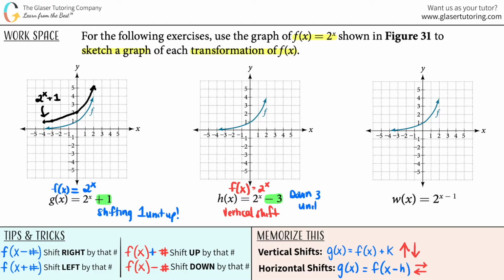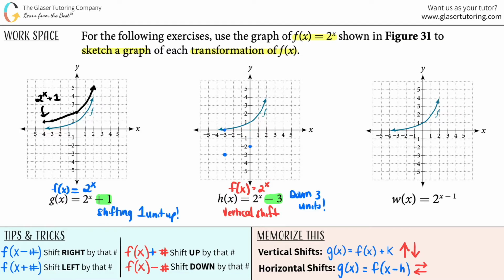3 units. So I take all these numbers and I just shift them down 3 spots. So let's see, the easy ones will be, this one looks close to here, so 1, 2, 3. I'll have to start all the way down here. This one was up here, so 1, 2, 3.